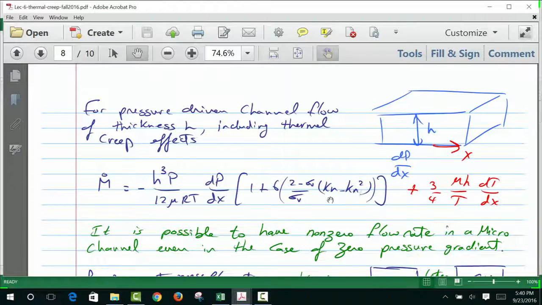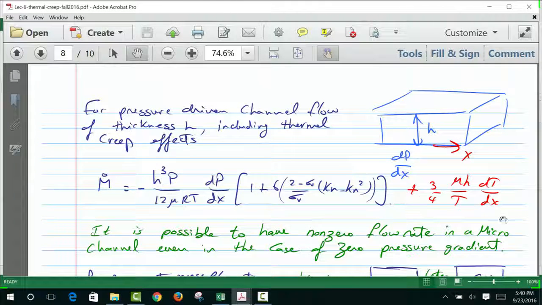This is the mass flow rate with second order slip. If I ask you, what is the mass flow rate between two parallel plates, including the second order slip, you would start with the Navier-Stokes equation, apply the boundary condition, and you will end up with this.